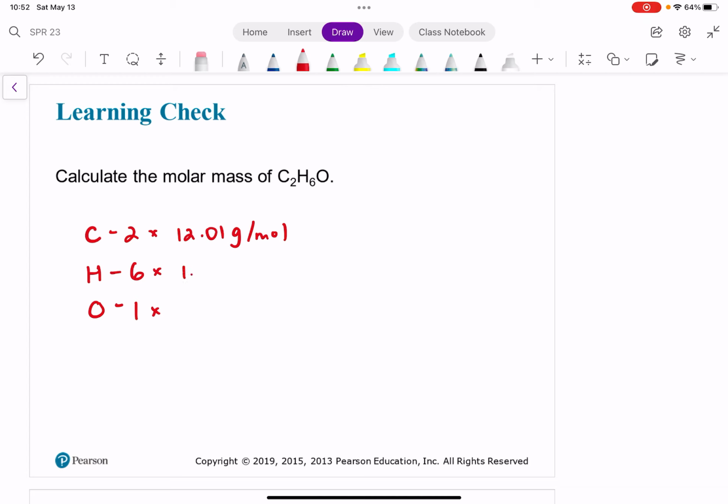Yeah, it's 1.008 grams per mole, right? For every 1 mole of hydrogen, we have 1.008 grams of it. All right, what's my molar mass for oxygen? Yeah, 15.999 grams per mole.